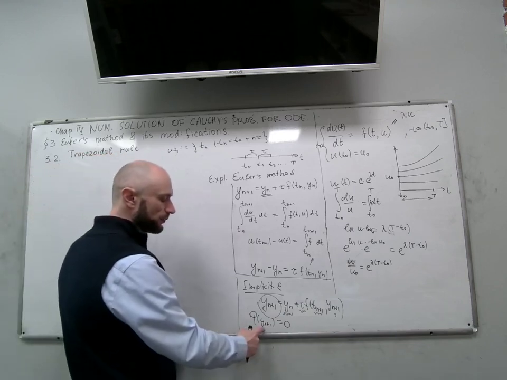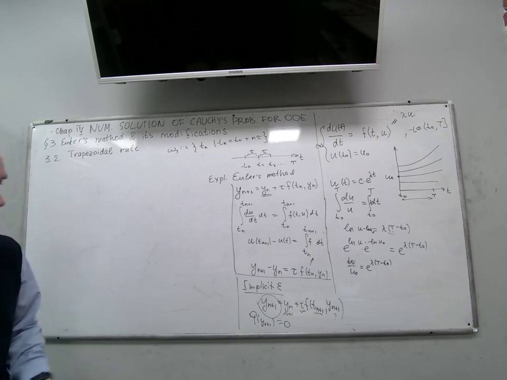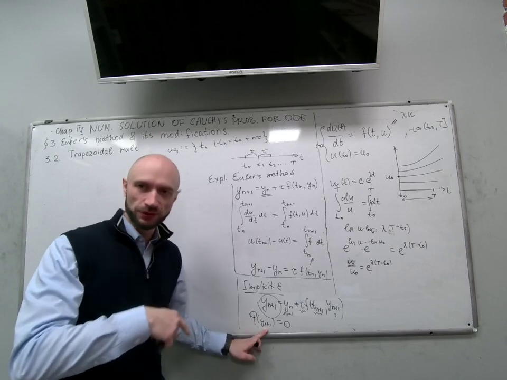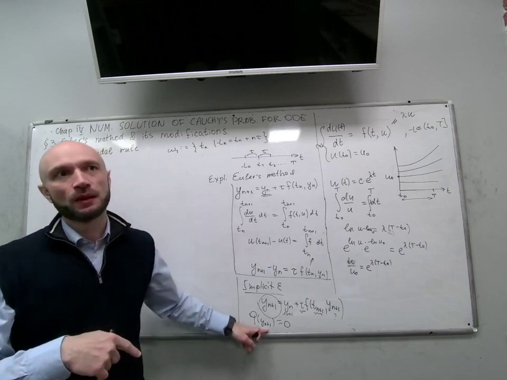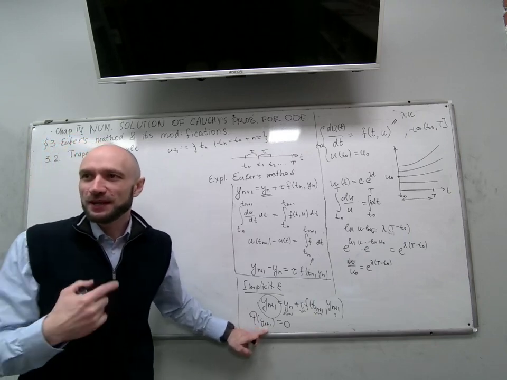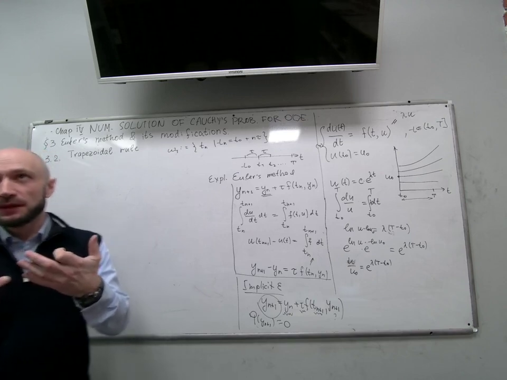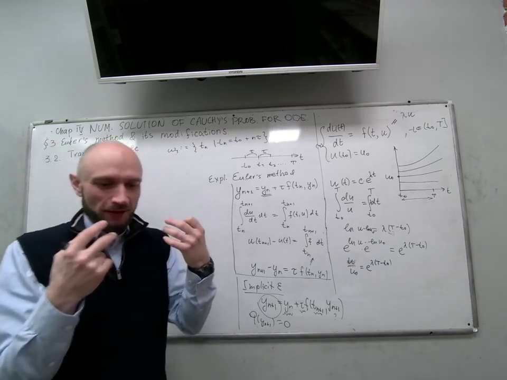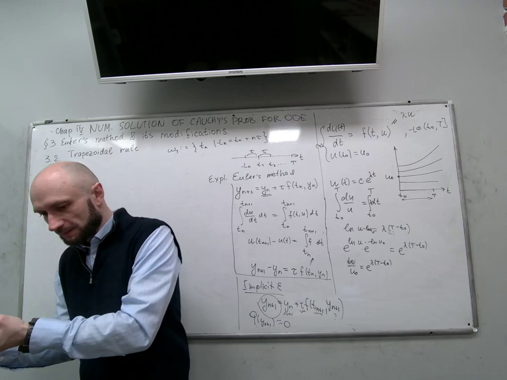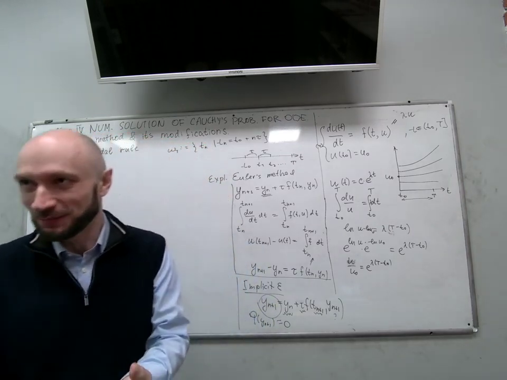Which means that we want to find such a value, a single value, one number, yn plus 1, that being substituted into phi capital makes it 0. In other words, if we consider phi capital as some procedure that takes a floating point value and makes something else from it, let's look at phi as a procedure and call it an operator, mathematically speaking.